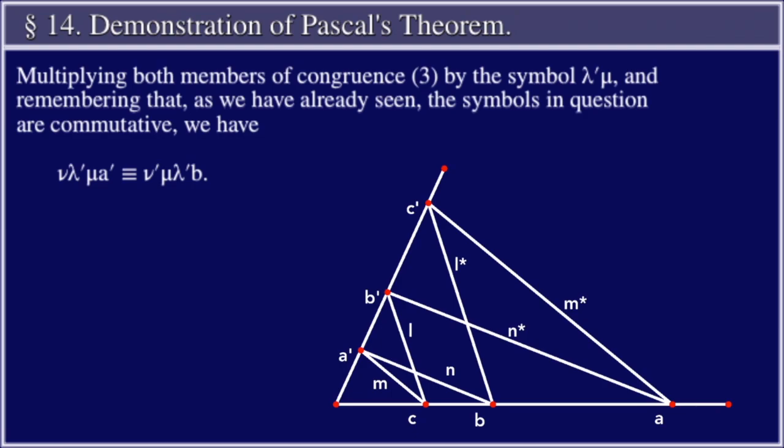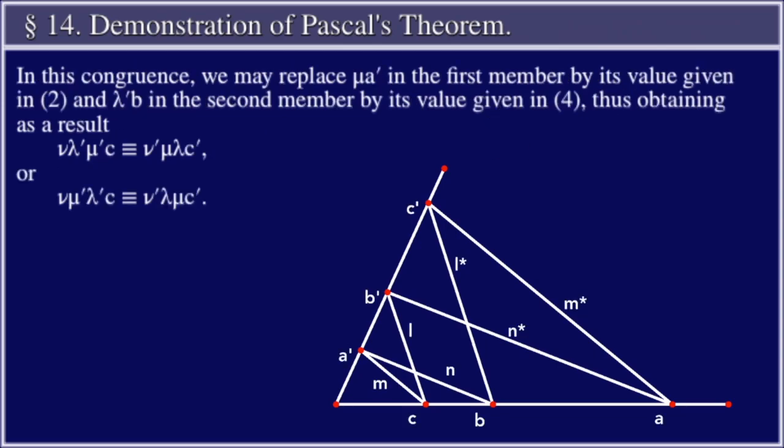Multiplying both members of congruence 3 by the symbol λ'μ, and remembering that, as we have already seen, the symbols in question are commutative, we have νλ'μa' ≡ ν'μλ'b.